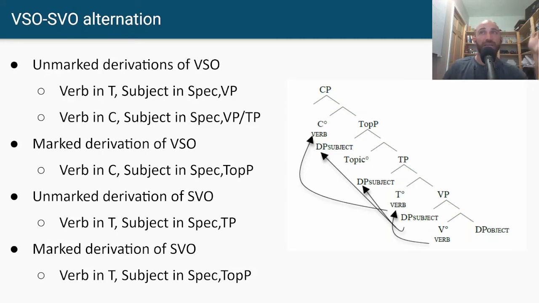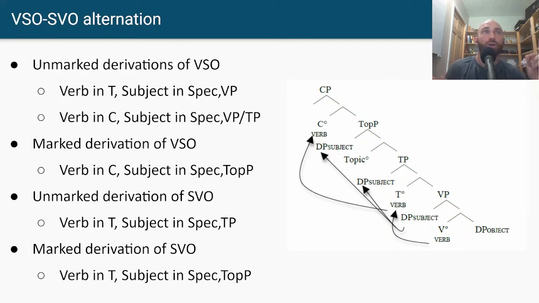Because of that, if we have the verb in the tense head and the subject in the specifier of the verb phrase, so the specifier is the leftmost part of the phrase, but because the tense phrase is to the left of the verb phrase, then we would have the order VSO, and the subject would not have any sort of pragmatic marking.